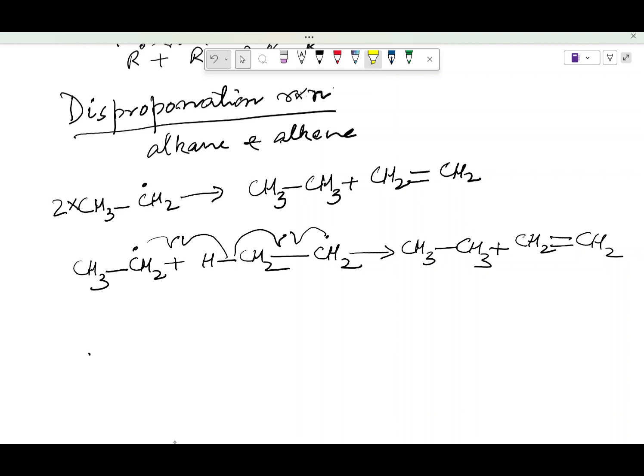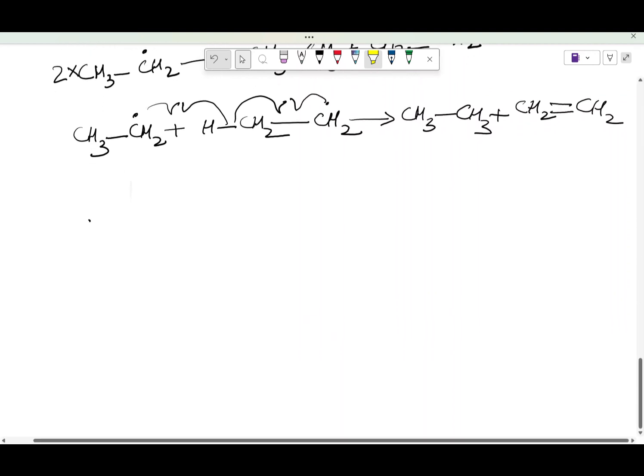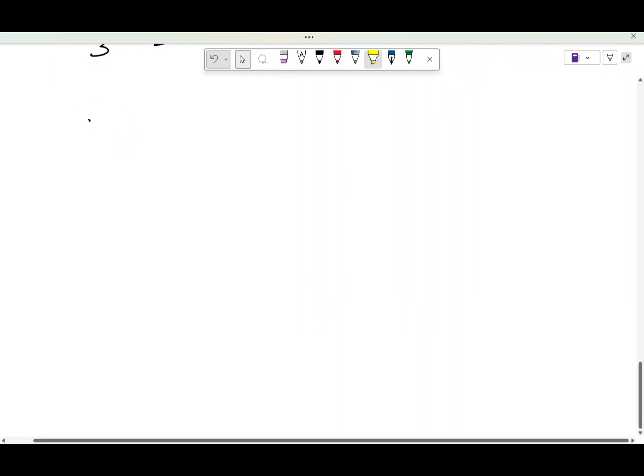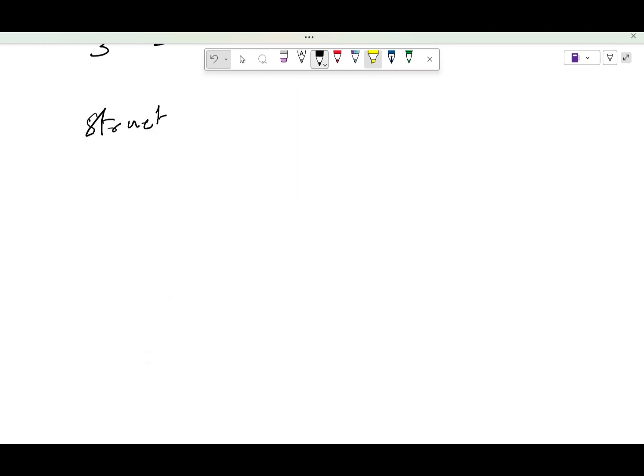Now, one more thing which is very important for you is the structure of the free radical. The structure of the free radical is this one.